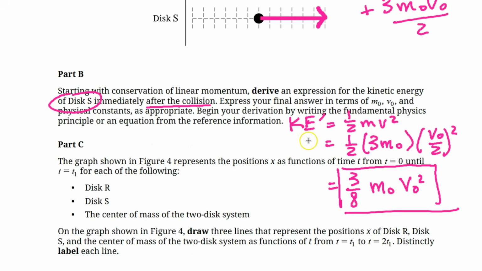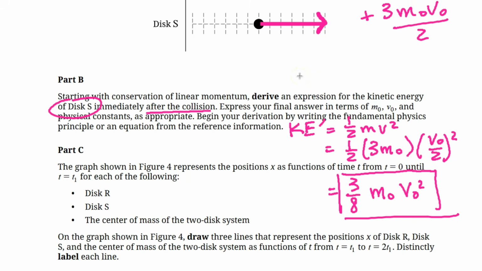I'll be using the kinetic energy equation, which is KE is equal to 1 over 2 mv squared, and the mass of disk S is 3 m0. The velocity of disk S after the collision is v0 over 2, so substituting that into my equation, I get 3 over 8 times m0 times v0 squared.